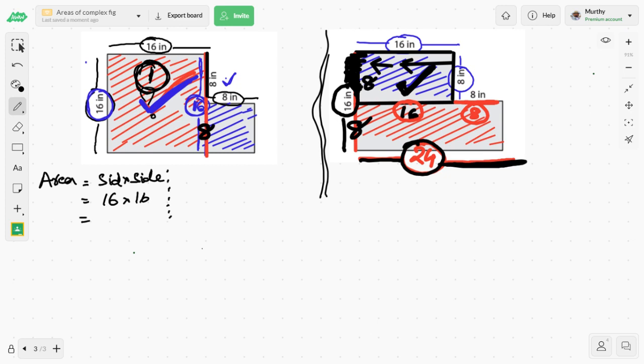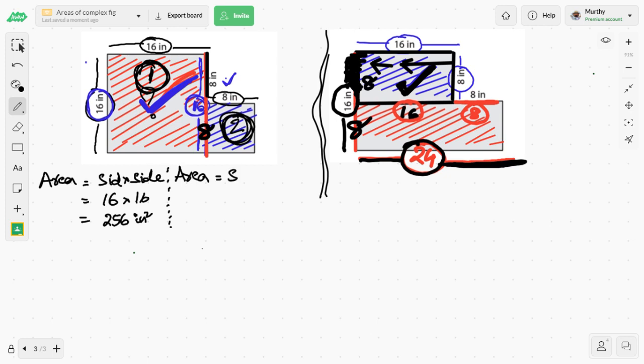Let me quickly grab my calculator. So this is 256 square inches. The second part is now I'm computing this figure.